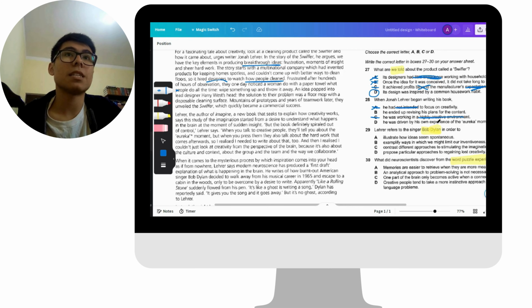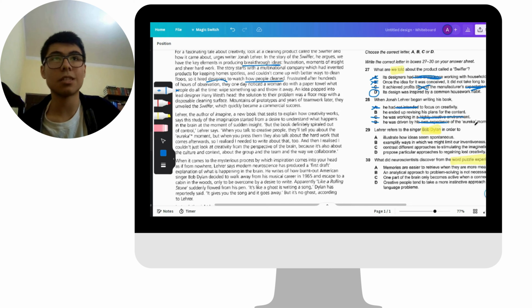D: He was driven by his experience of the Eureka moment. Did he have his own experience of a Eureka moment? We don't really know that, right? As you can see, most of the choices do have some sort of element, for example Eureka, which is mentioned in the text, but we don't really know whether he was driven by his own experience or not.